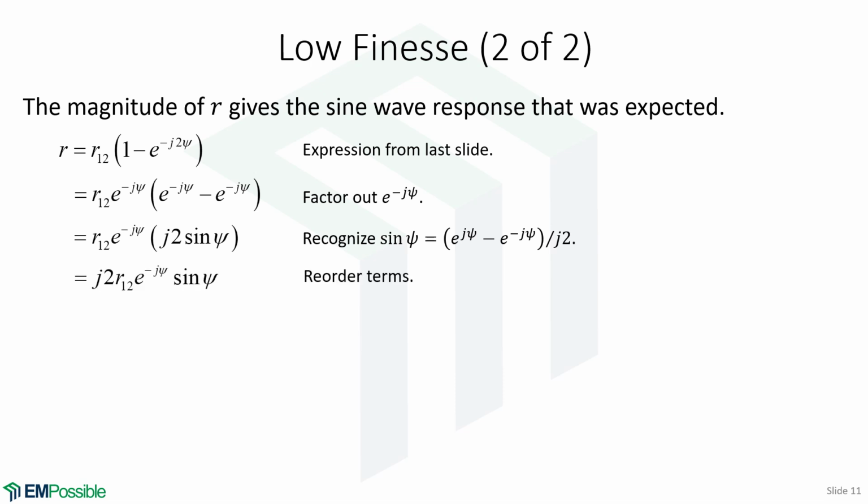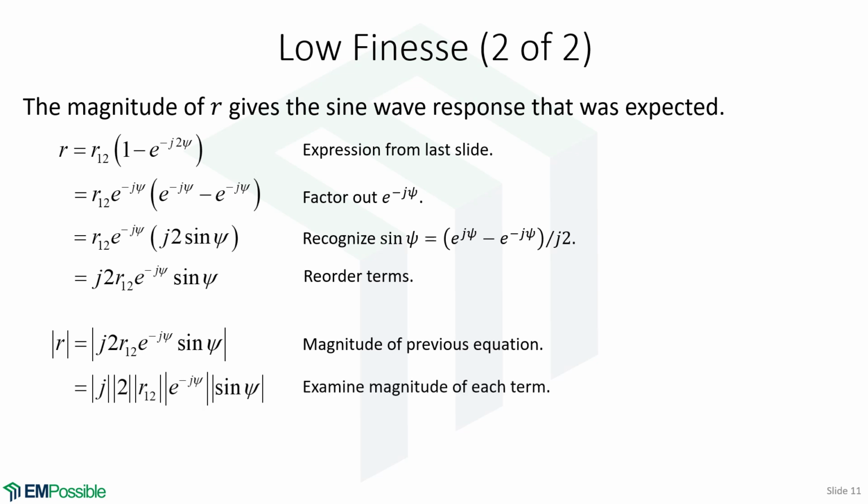I'll just rearrange terms a little bit because the next thing I want to do is look at the absolute value. Because those plots we had, we were looking at reflectance, that was the absolute value squared of that. So we want to look at the absolute value, and we have the product of a bunch of terms here. So really it's the absolute value of each of those. Let's think about them one at a time.